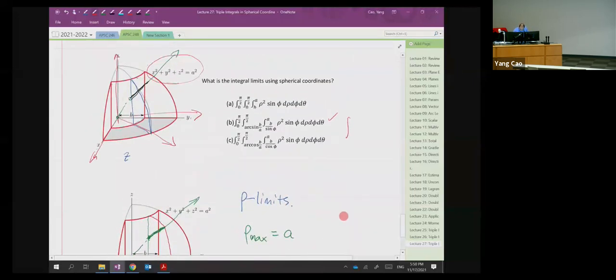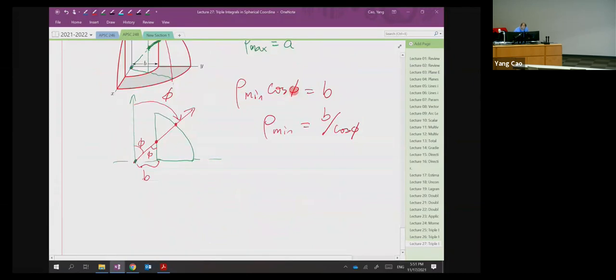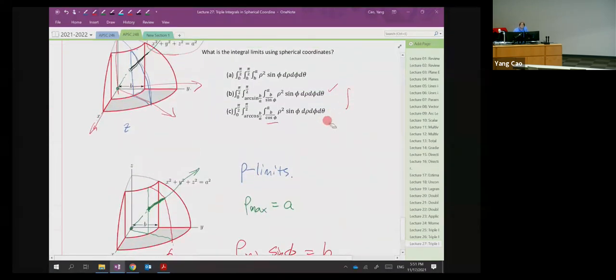You can see here, this is B over cosine phi. So you can already make a choice, because the other two are obviously not right. The other one was rho sine phi. So your choice is already decided: it's the second choice over here.